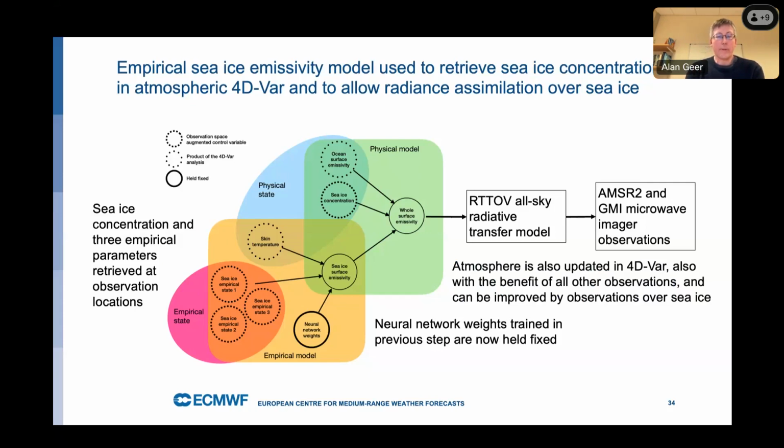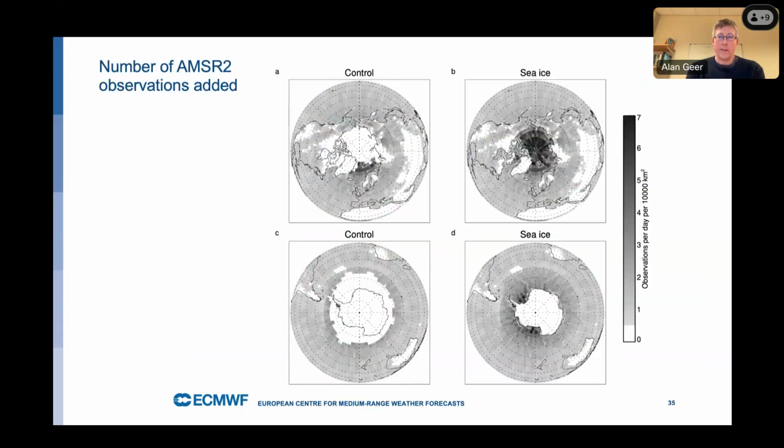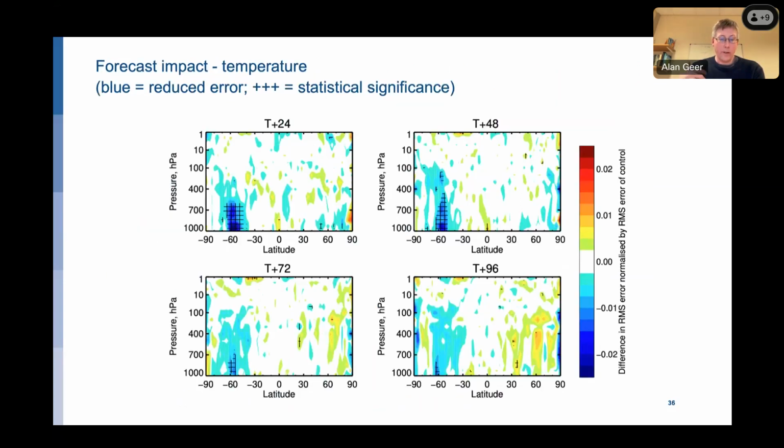So just to give some very quick results on that. This is just showing where the observations are being added over the polar regions. This is the first time we're able to assimilate these satellite channels in these areas. The forecast quality is better. These blue hatching areas basically just show you that at, say, 3-day forecast, the southern hemisphere temperature forecast is improved at 60 degrees south.